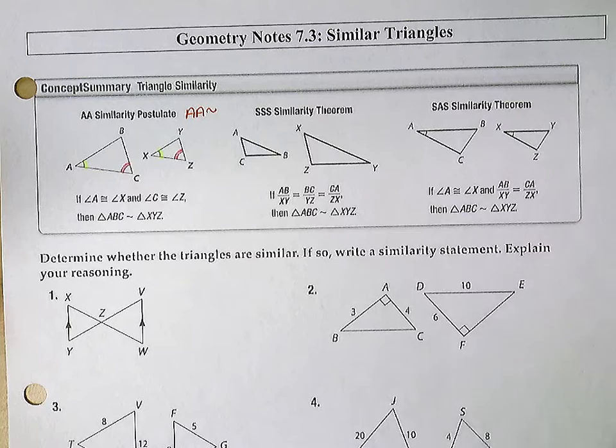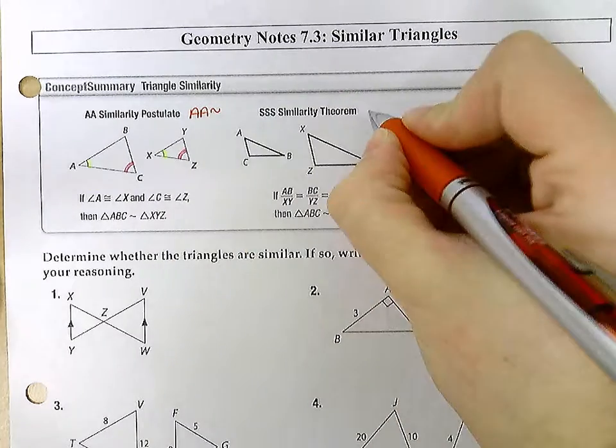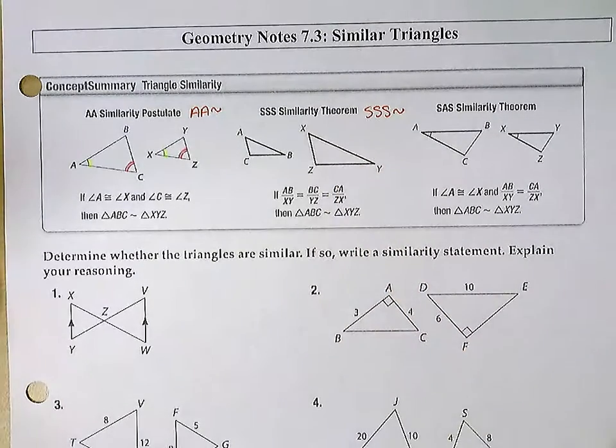Okay, the next one is side-side-side similarity. We just write side-side-side and then similarity afterwards. With this one, you need to make sure that your corresponding sides all have the same ratio.